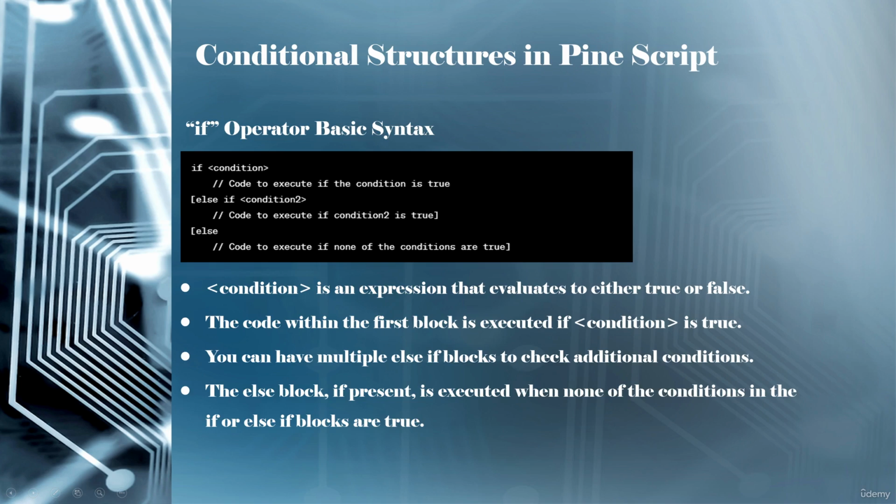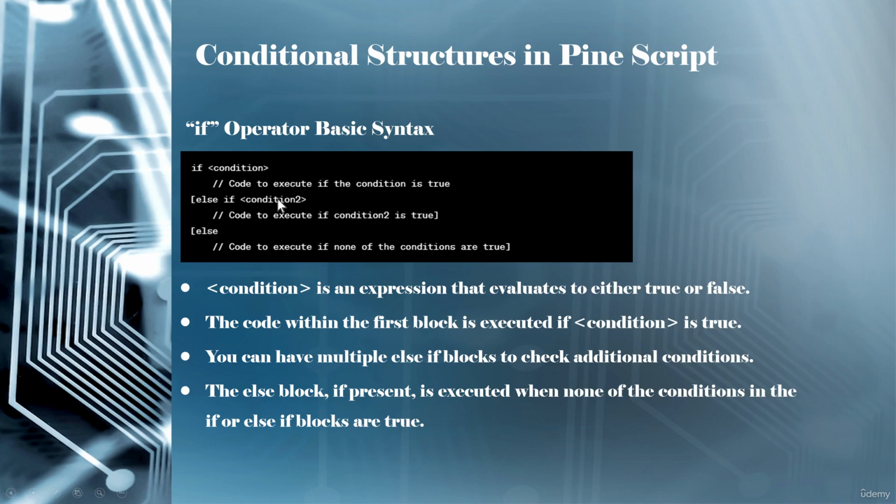The condition evaluation: the condition is evaluated, and if it is true, the code within the corresponding block is executed. If this is true, this code is executed. If the condition is false, the script moves to the next else if block, if any, and repeats the process. So if this condition is false, the flow goes to check the next condition.